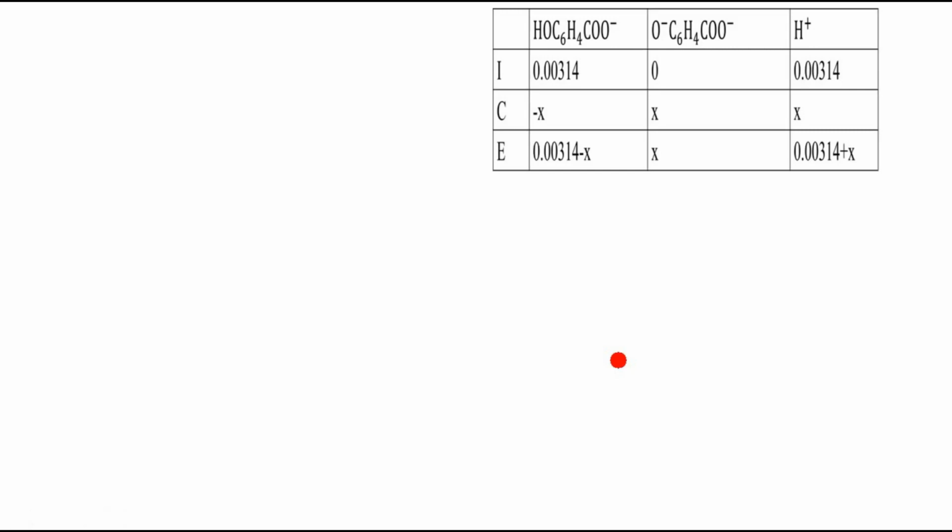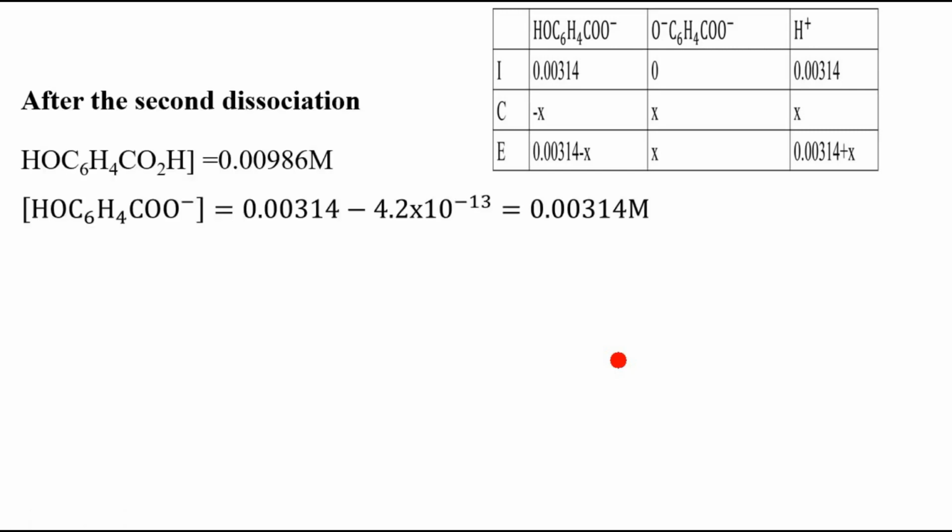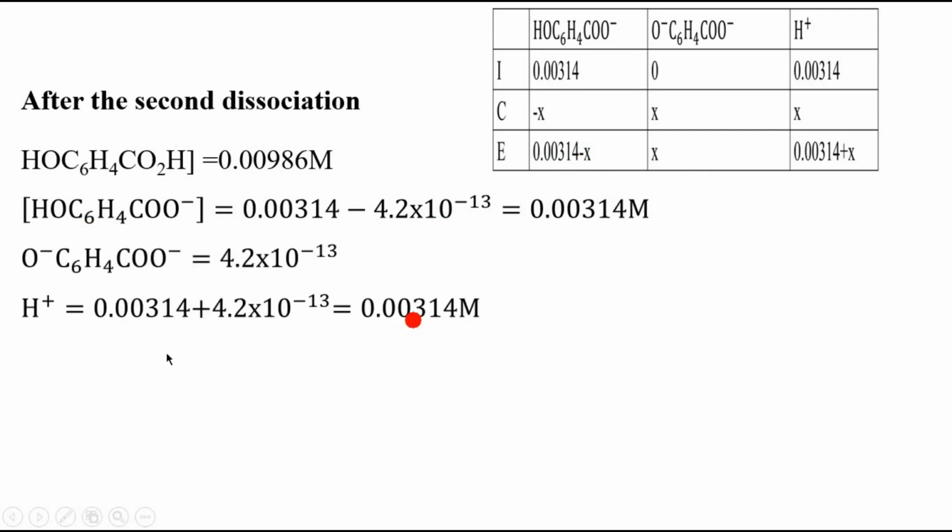So here, that's what you have after the second dissociation. You have this one, the one that remained undissociated in the first dissociation. We have this one, which will be equal to this one minus X, because X we obtained is 4.2 times 10 power negative 13. We have also this one, which is equal to X, and also H plus, which is the one from the first dissociation plus the X from the second dissociation.